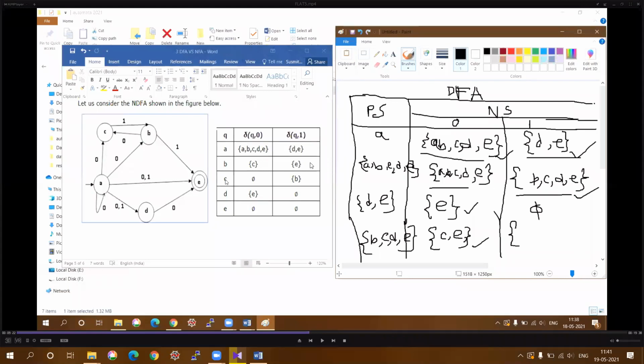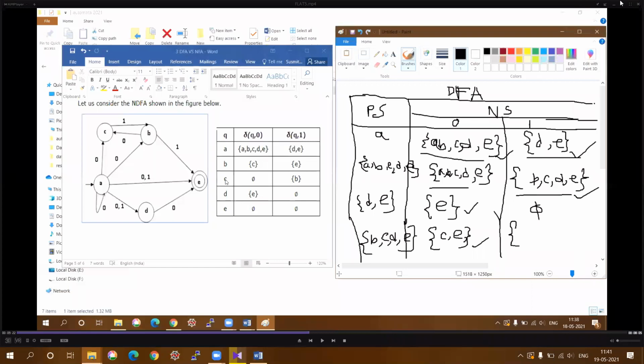Only the state will be B, D, E, not any C, because C is not coming for any transition using input 1. That is the only thing I wanted to mention today.